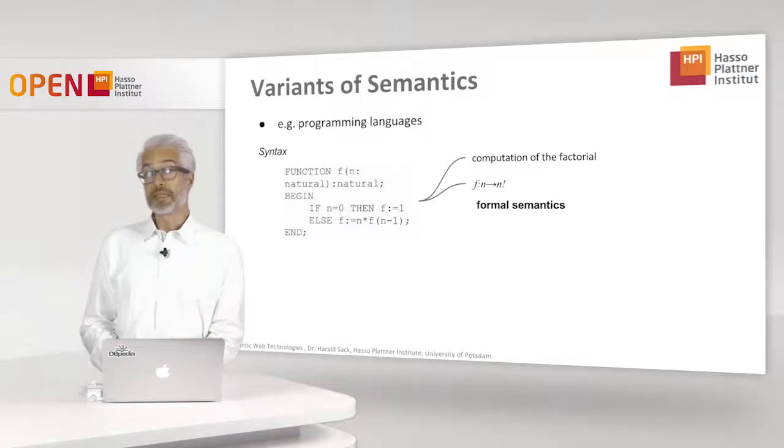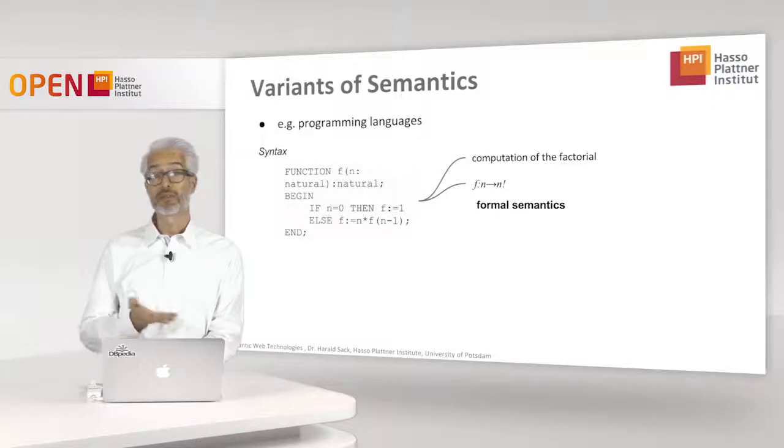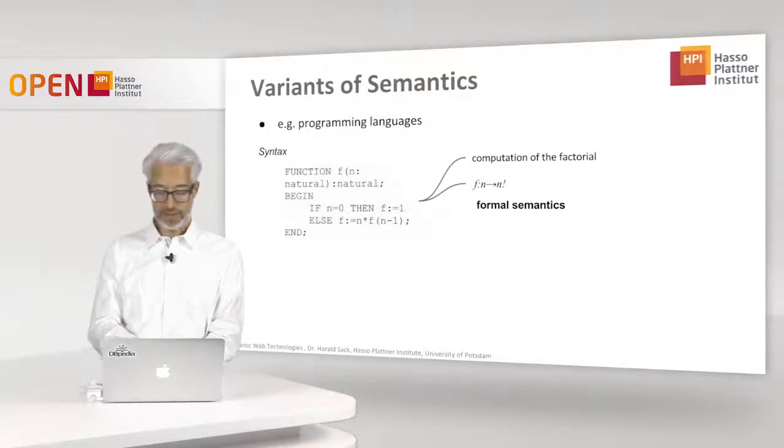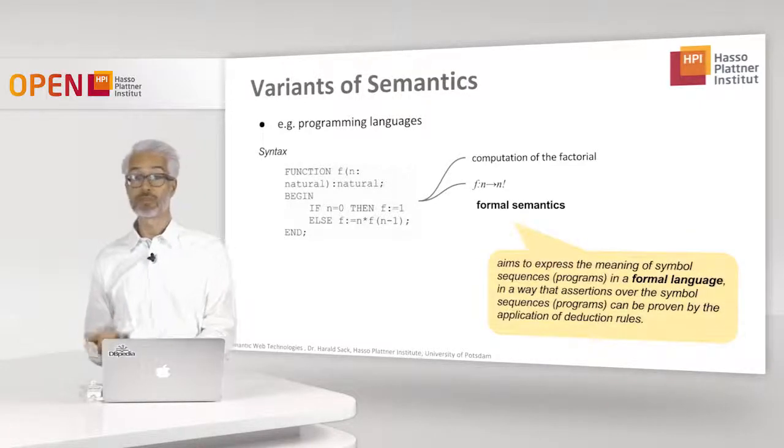You distinguish this intentional semantics from the so-called formal semantics. I can also give a formal semantics of that programming code, and then I see here that this is the computation of the factorial in mathematical notation. Mathematical notation is kind of a formal language.